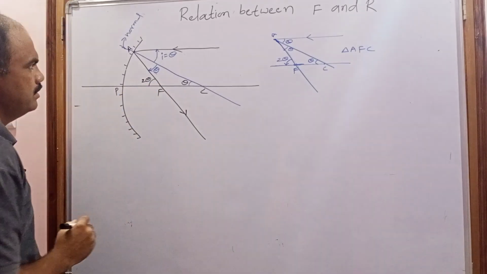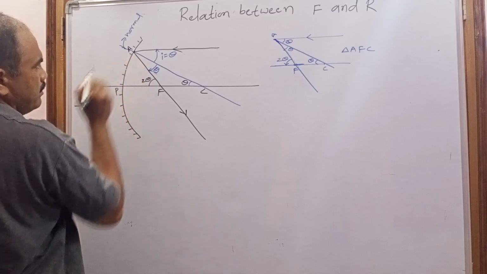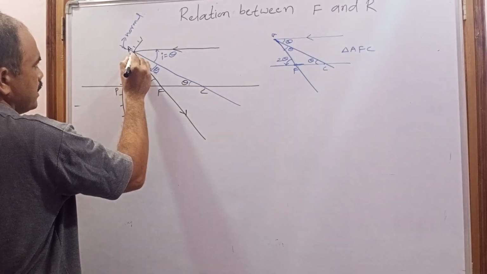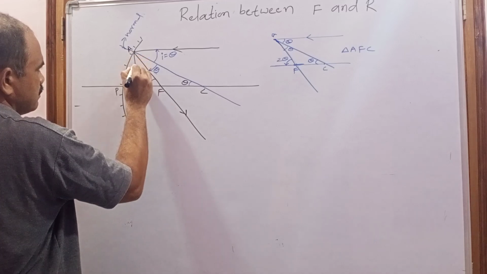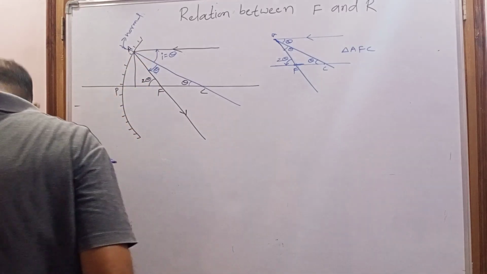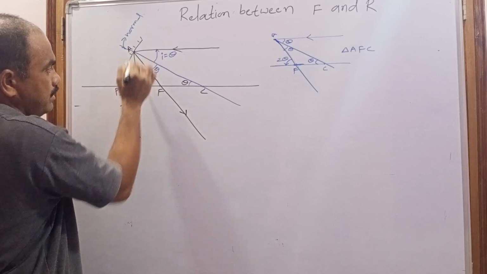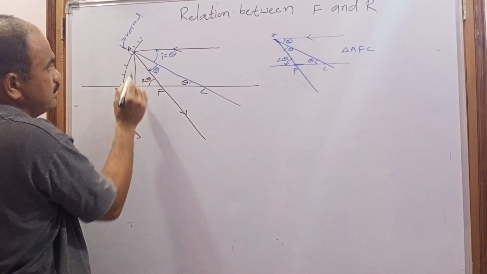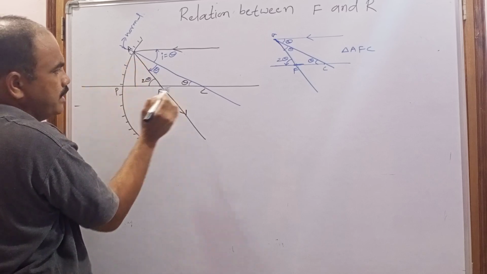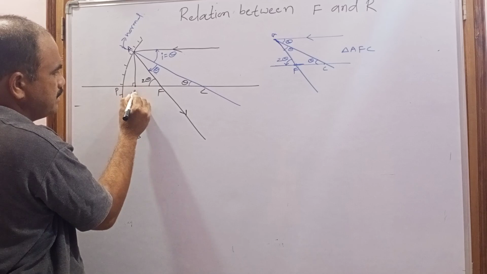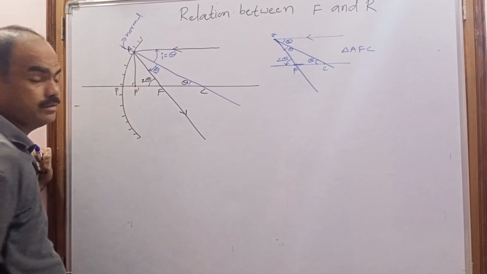After that, I am drawing a normal, or perpendicular line, to the principal axis from the point of incidence. This is a vertical line, and consider it intersects the principal axis at a point P dash.